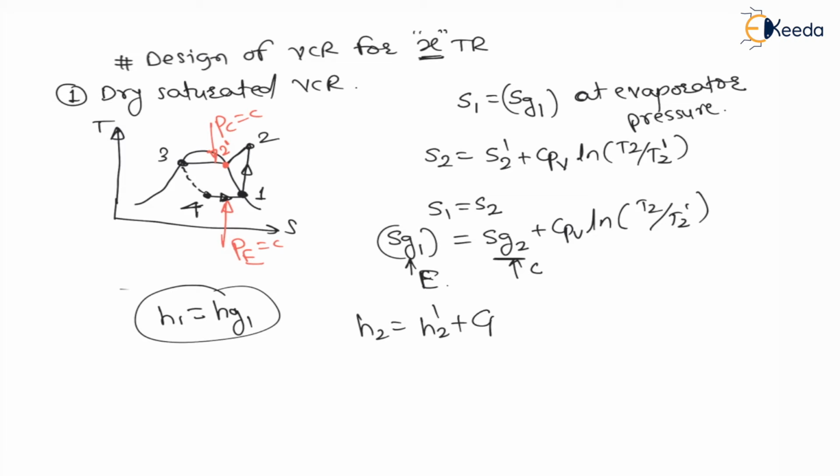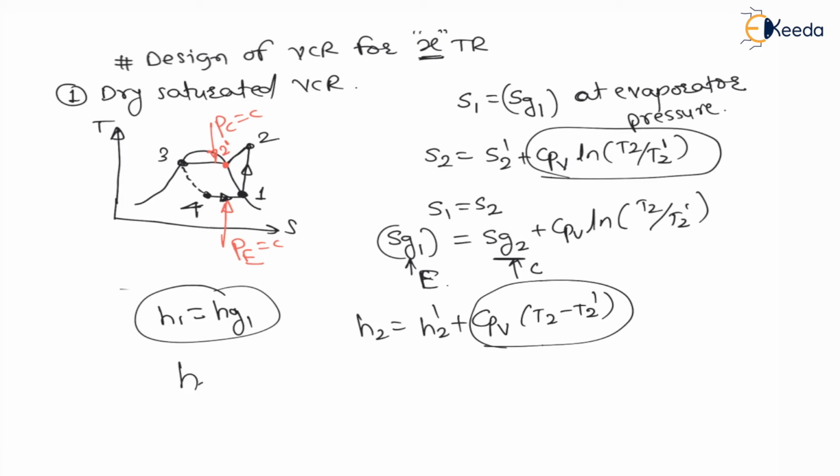Therefore, plus Cp of vapor (T2 minus T2 dash), since enthalpy is Cp dT, entropy is Cp ln of T2 by T1, right, and enthalpy is Cp dT. Therefore, H2 dash is nothing but the Hg value at condenser pressure. Therefore, H2 is Hg at condenser pressure, that is at 2 dash, plus Cp of vapor (T2 minus T2 dash). This is the H2 value. Again, let us find the H3 value.